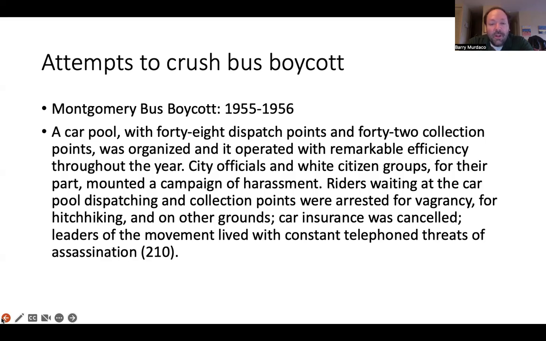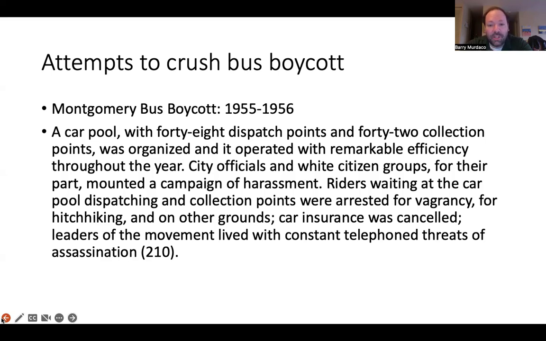So how did this boycott last as long as it did? People still needed to get to work, so they organized carpools, as it says here, with 48 dispatch points and 42 collection points. It was organized and operated with remarkable efficiency throughout the year. City officials and white citizen groups, for their part, mounted a campaign of harassment. Riders waiting at the carpool dispatching and collection points were arrested for vagrancy, for hitchhiking, and on other grounds. Car insurance was canceled.